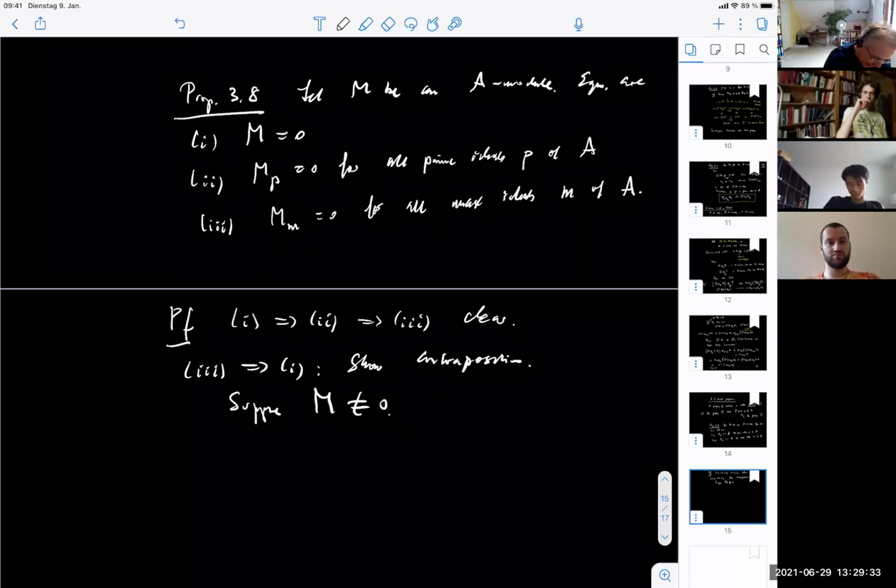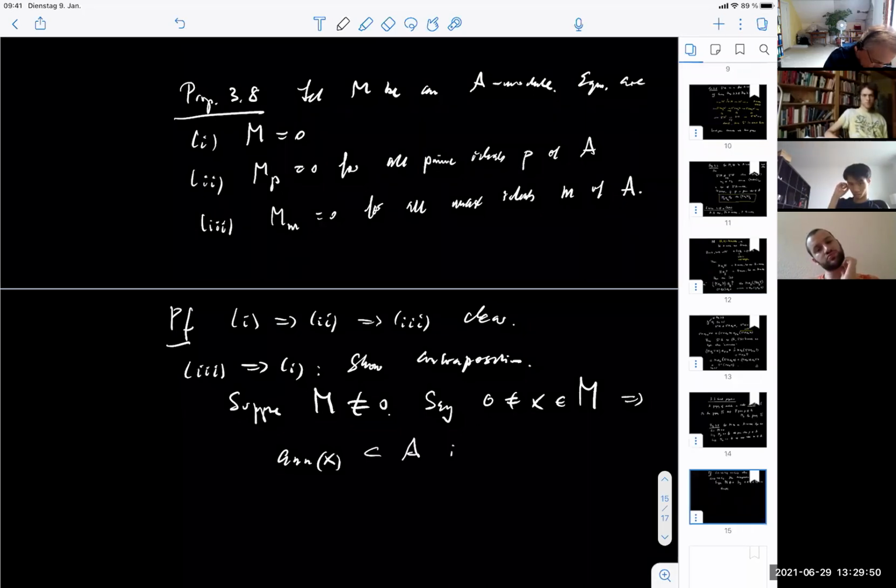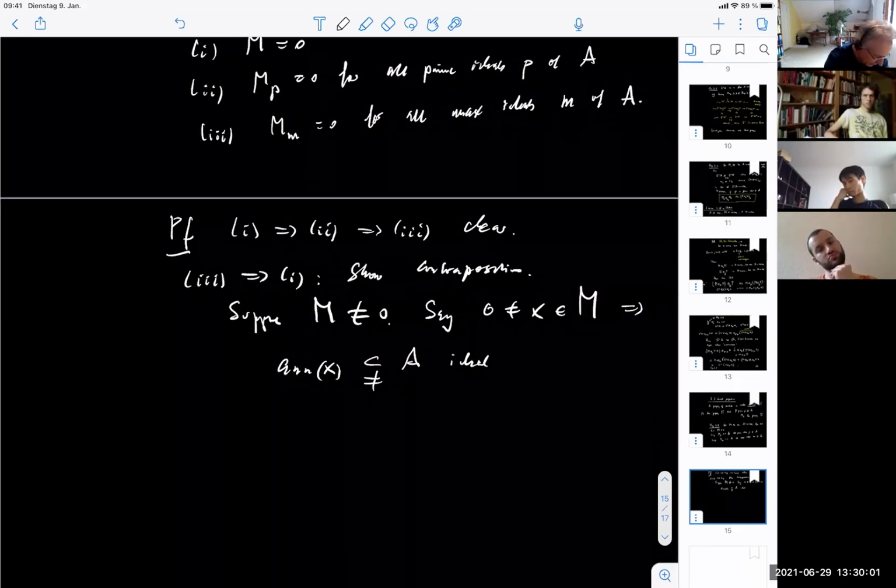So let's say x is a non-zero element. Then I look at the annihilator of x. This is an ideal, and it's properly contained in A because x is non-zero; otherwise it would be the whole ring, and it cannot be. Now there is a maximal ideal via Zorn's lemma.